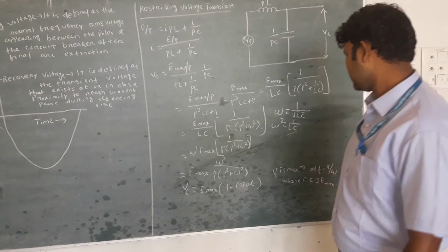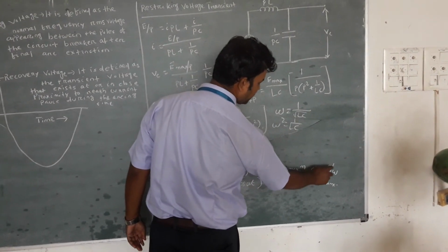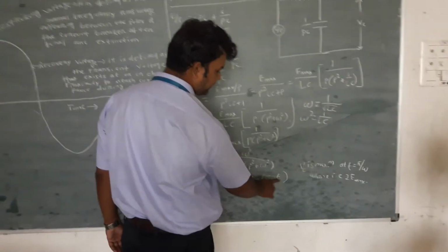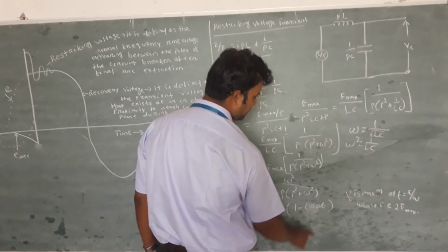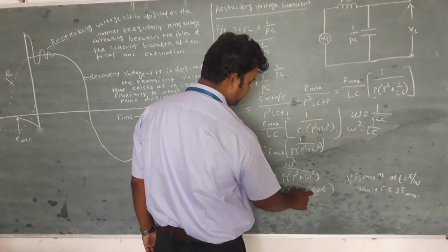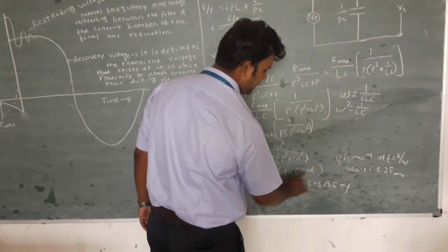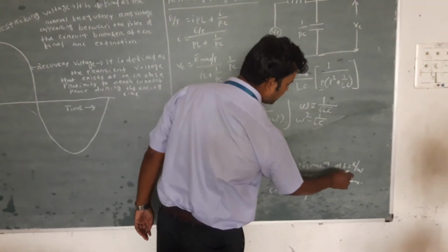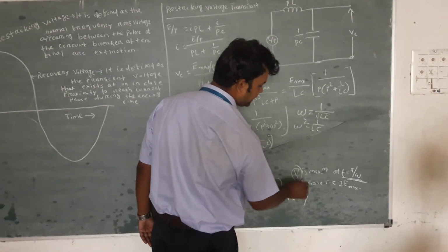VC is maximum when t is equal to pi by omega. If you put t equal to pi by omega, the omega cancels out. Cos pi is equal to minus 1. So 1 minus minus 1 becomes 2. So at t equal to pi by omega, we obtain the maximum value for VC, which is 2 Emax.